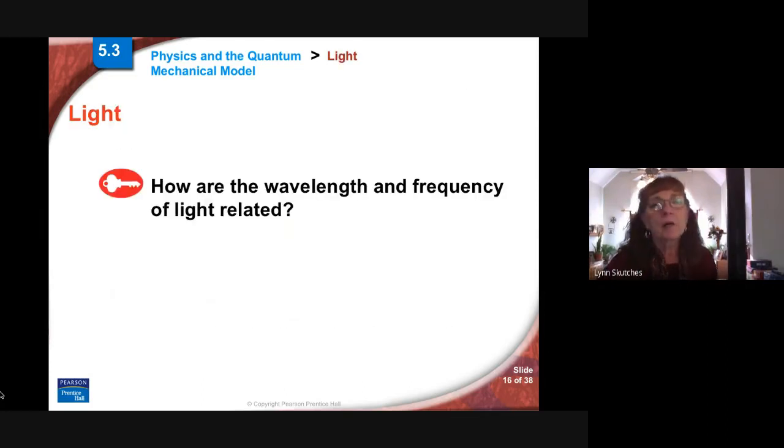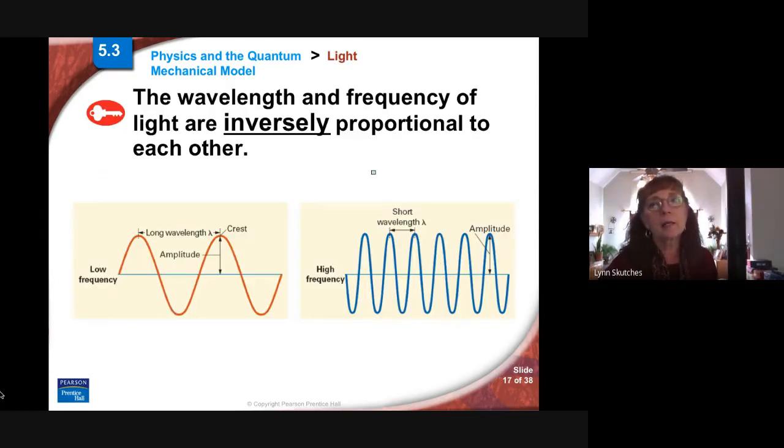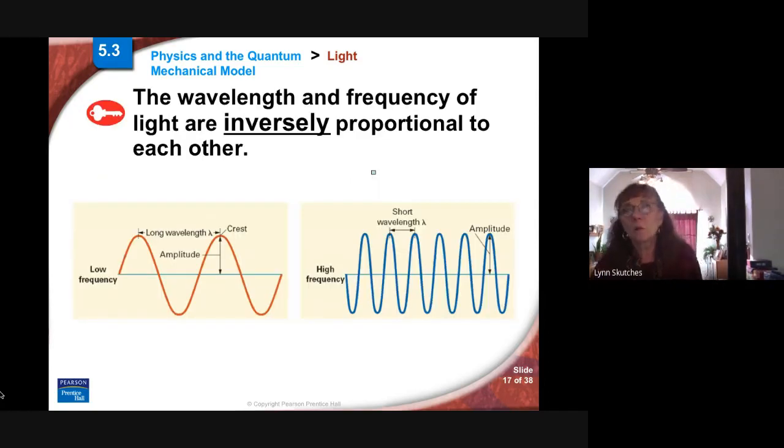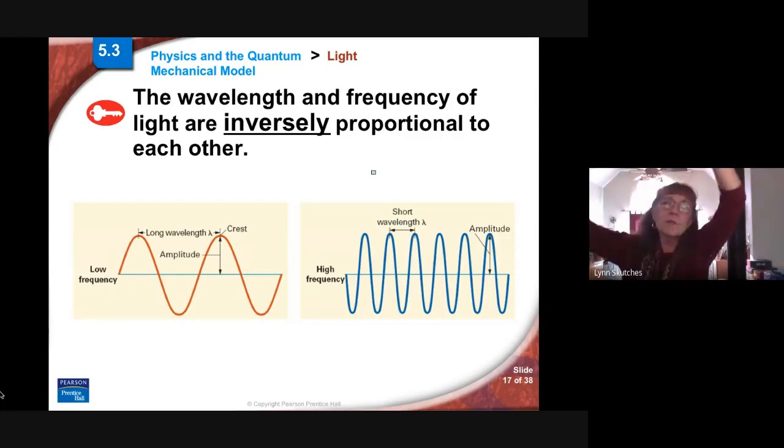Okay. All right, light. Light, and the wavelength and frequency of light, or any part. Most of us think of light like the lights in our house, but to a physicist or to a chemist, any part of the electromagnetic spectrum is considered light. So wavelength and frequency are inversely proportional.